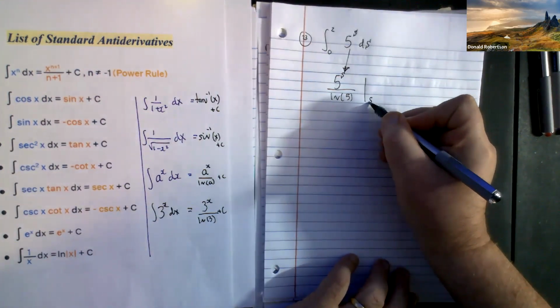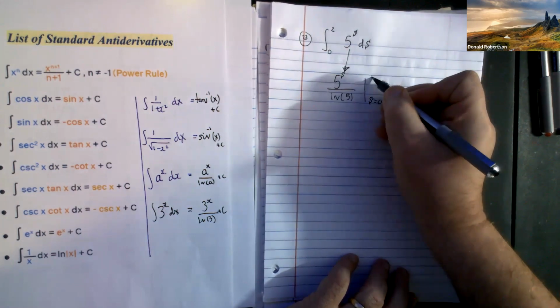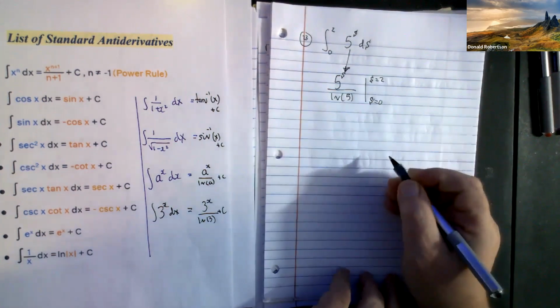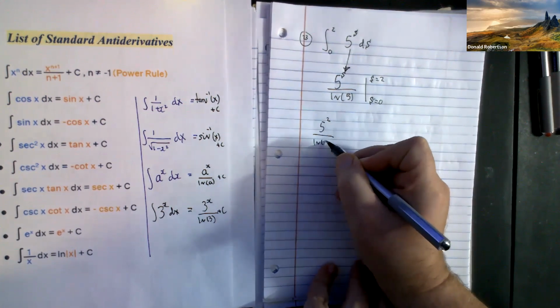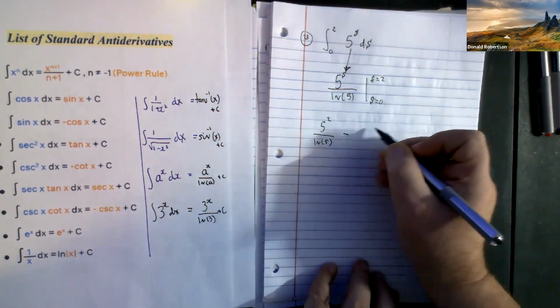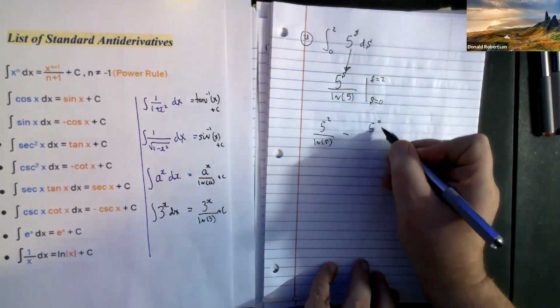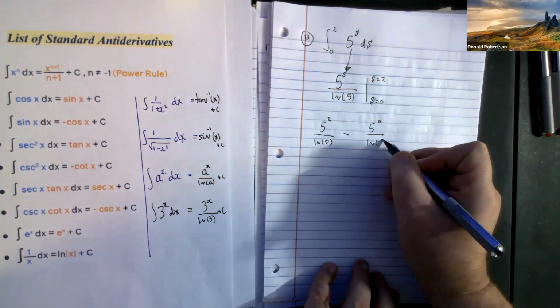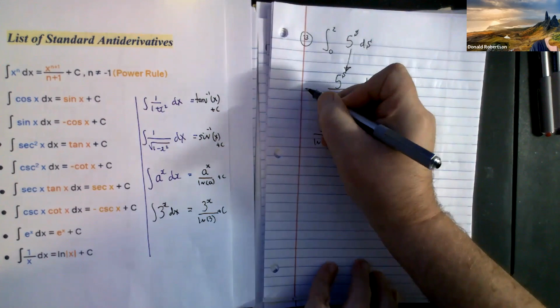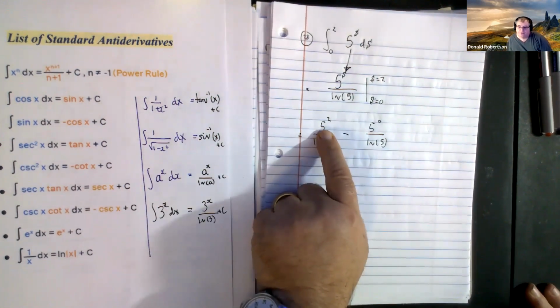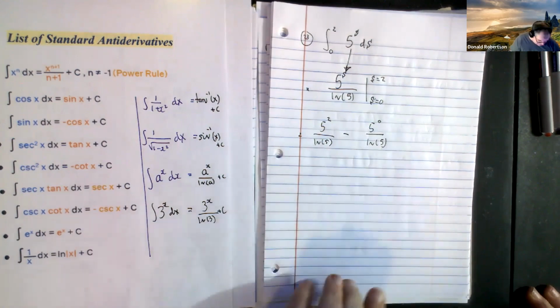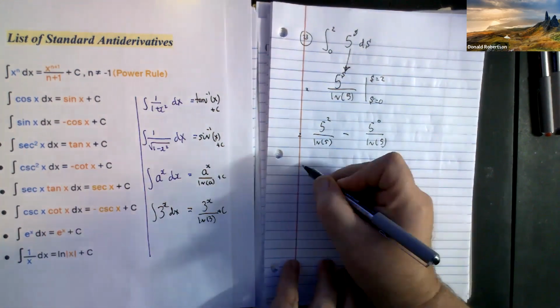We then can evaluate it from 0 to 2. And that's going to give me 5 squared over log 5, take away 5 to the power of 0 over log 5. So there's the antiderivative. There's the value at 2. There's the value at 0. Now I should try and make this a little bit prettier.